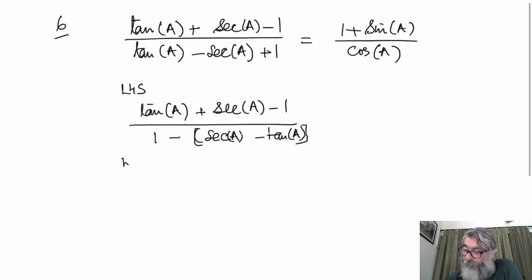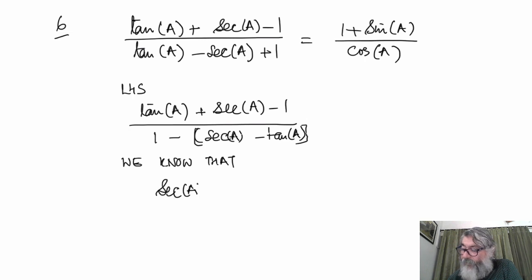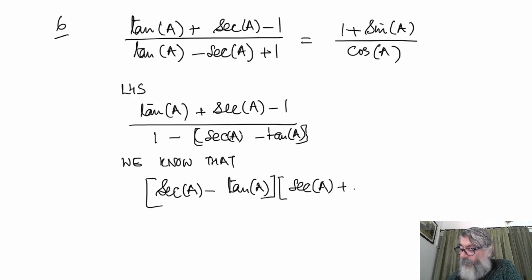I'll write it down so that it refreshes your memory. We know that (sec a - tan a) into (sec a + tan a) is equal to 1. We told you these are reciprocals of each other.